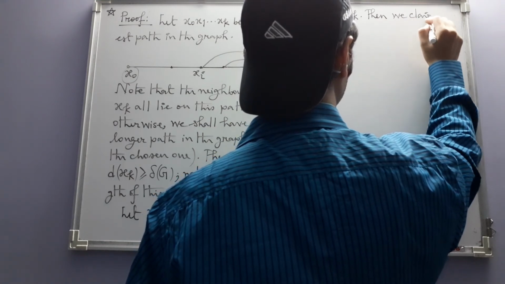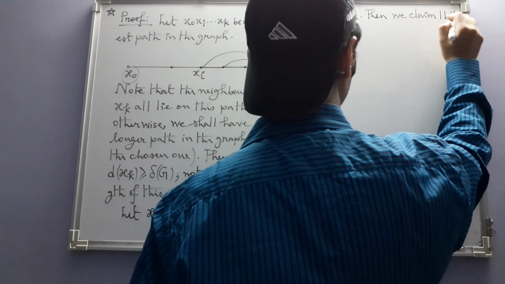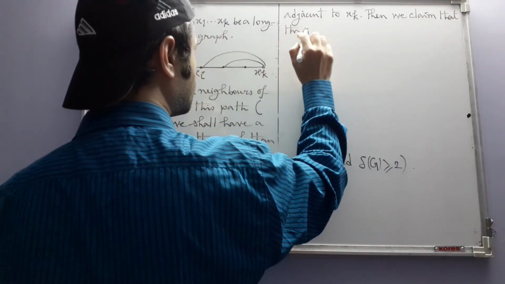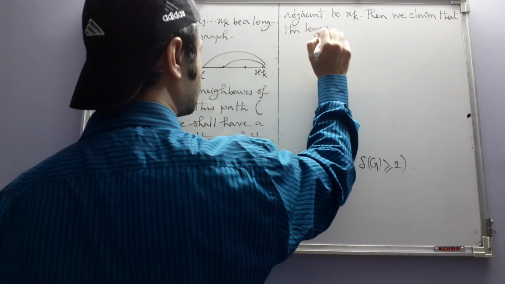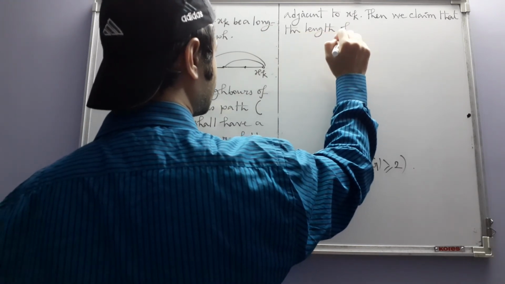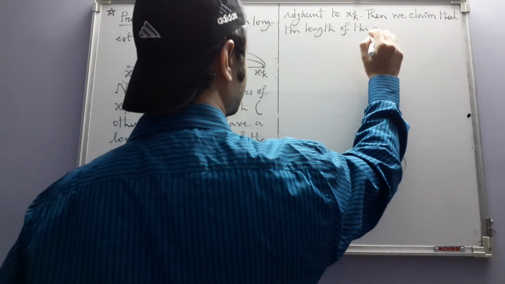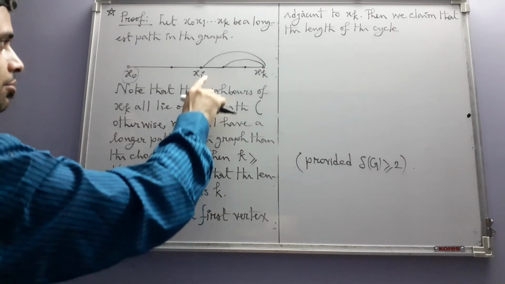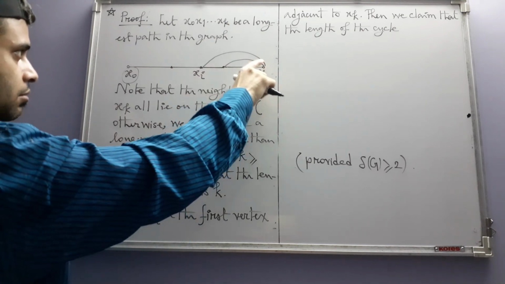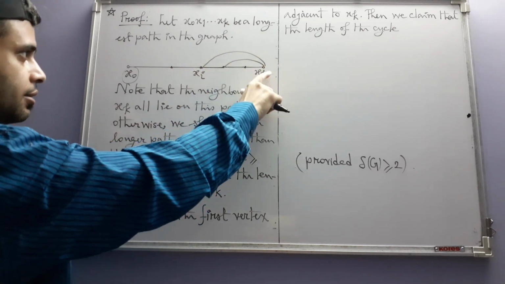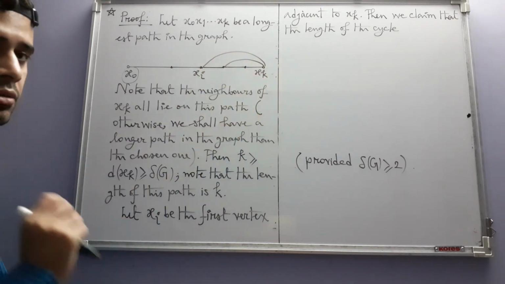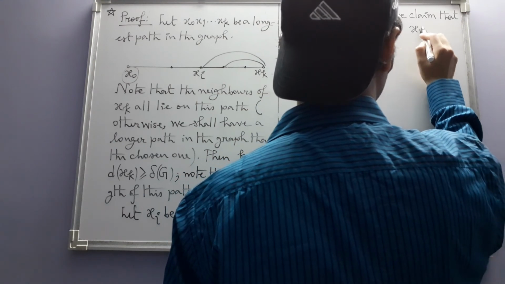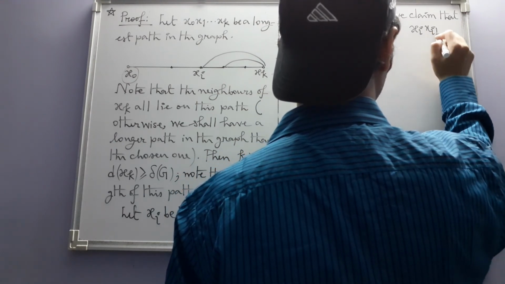Then we claim that the cycle obtained from this path and the edge xi xk, we are talking about that cycle, has length k minus i plus 1.